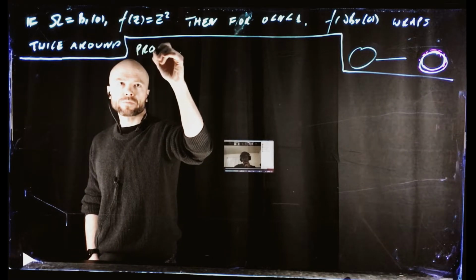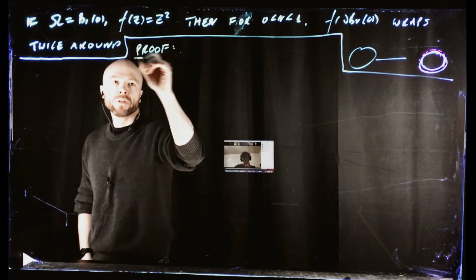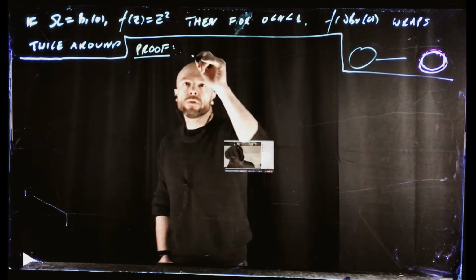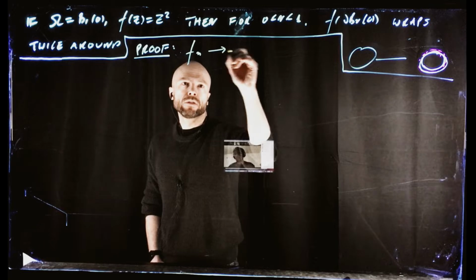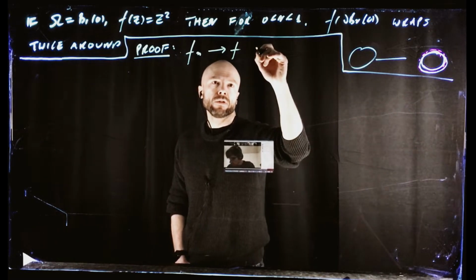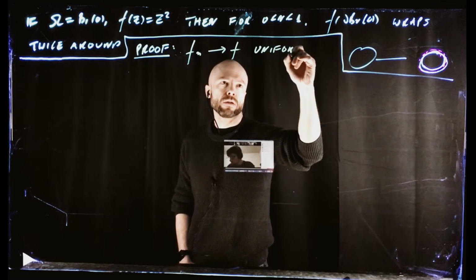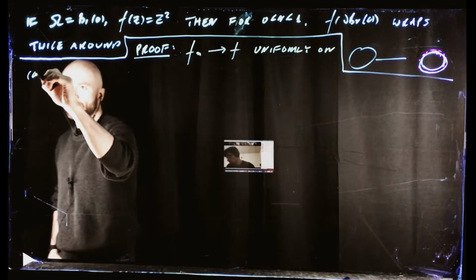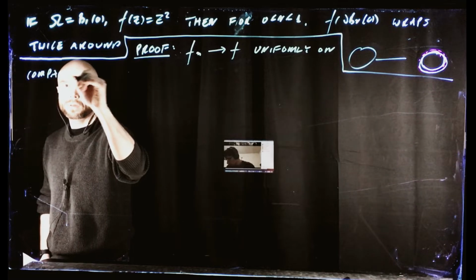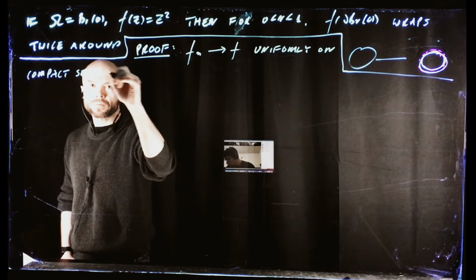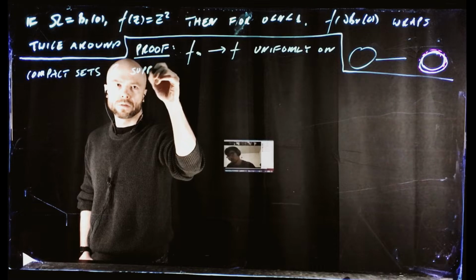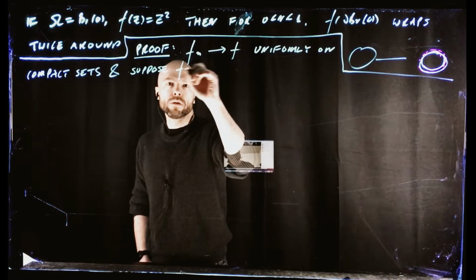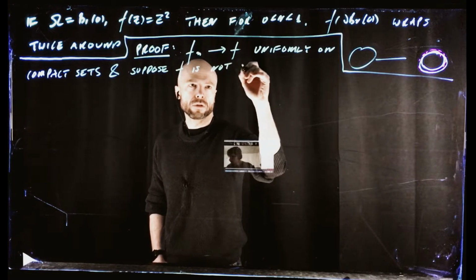So, proof. We have fn tends to f uniformly on compact sets. And suppose f is non-injective.